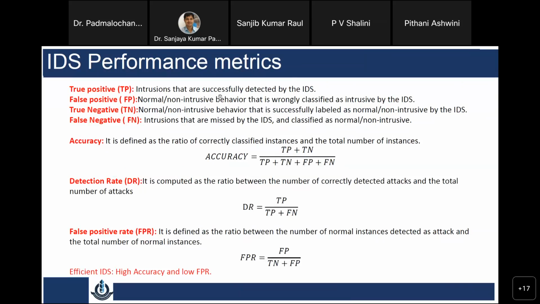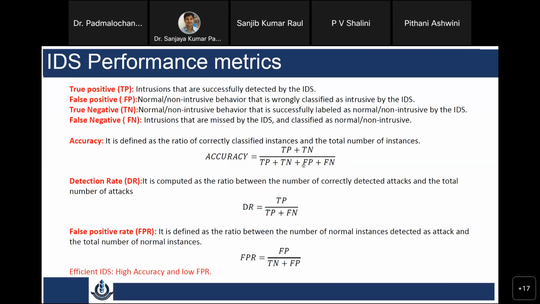True positives are intrusions that are successfully detected by the IDS. False positives are normal or non-intrusive behavior that is wrongly classified as intrusive. True negatives are normal or non-intrusive behavior that is labeled as normal or non-intrusive. And false negatives are intrusions that are missed by the IDS.